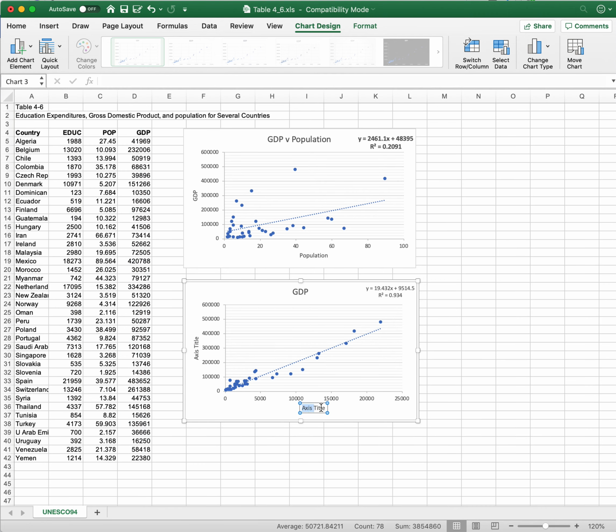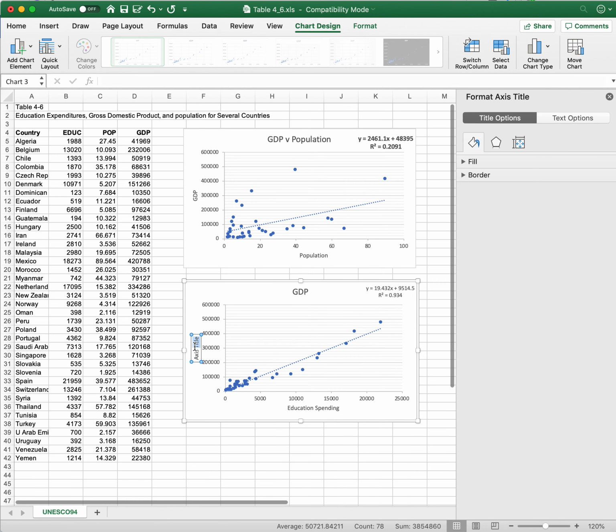And I'll just label the graph the same. This is called education spending, and this is GDP. So this is GDP versus education spending.